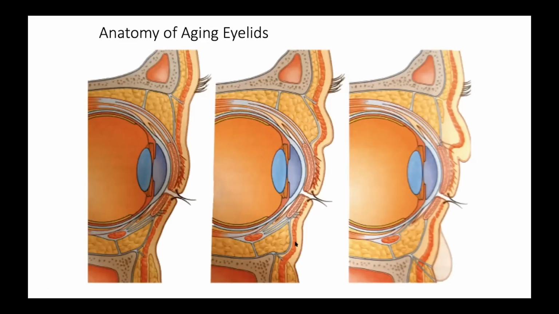And so you get this stretching of the septum. The fat is protruding forward. However, this ligament is holding it back and it's creating this groove along the lower lid. And so we see in this last picture, orbital malar ligament, we got some excess skin down here. The septum is pooching forward, and we start to see the upper lid and the lower lid bags that occur as we get older.